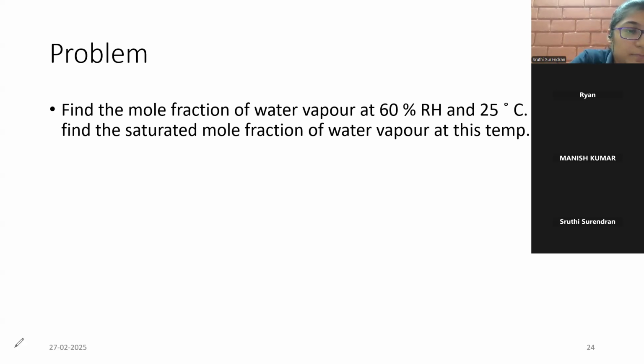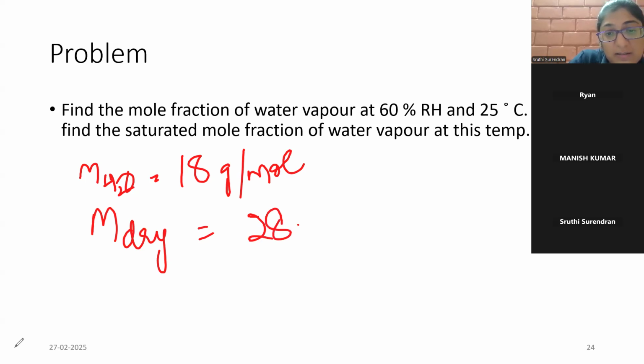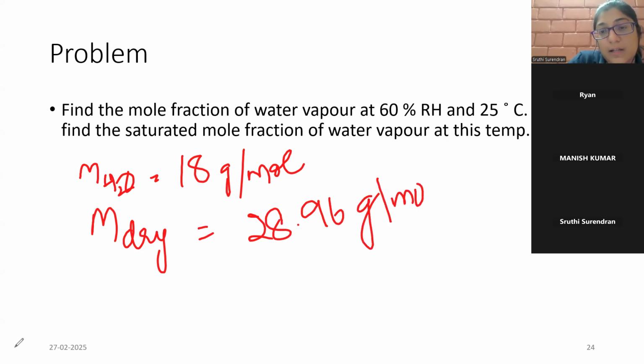The molar mass of H2O is 18 grams per mole, and M dry air is 28.96 grams per mole. So using this data and using the psychrometric chart, please find out what is the mole fraction of water vapor at 60% RH and 25 degrees Celsius.